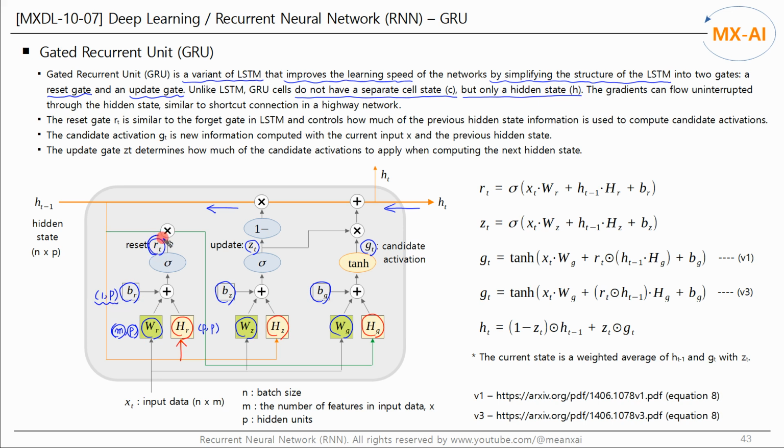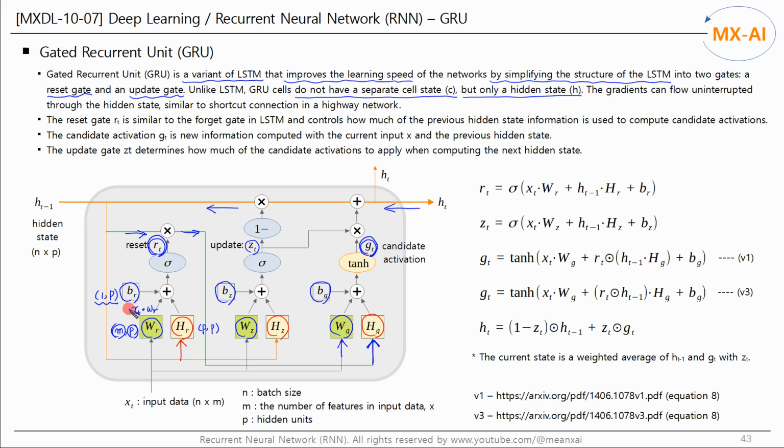The reset gate RT is similar to the forget gate in LSTM and controls how much of the previous hidden state information is used to compute candidate activations. The candidate activation GT is new information computed with the current input X and the previous hidden state H, T-1.